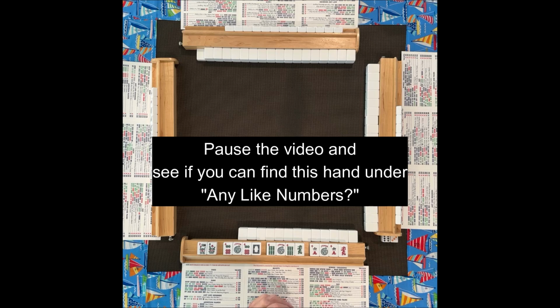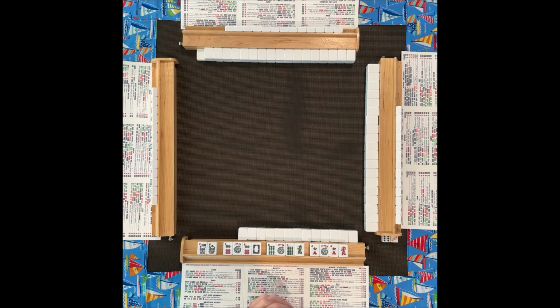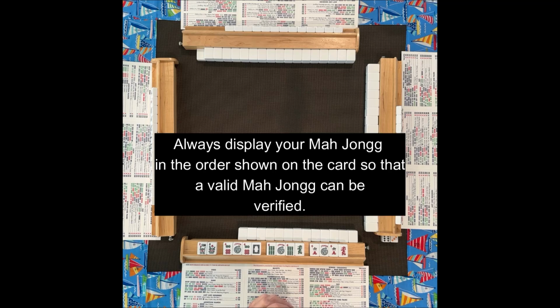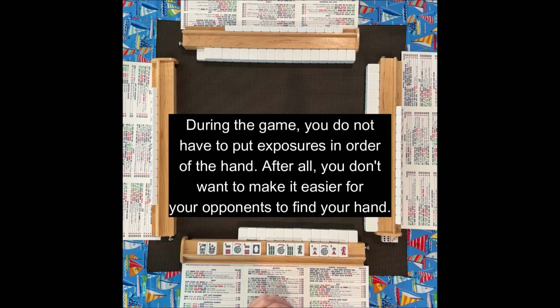The first thing is that I have put the Mah Jongg in order so that it matches the card. And after you do make Mah Jongg, it is the proper thing to do so that everybody can verify that you have a correct Mah Jongg. When you're playing during the game and you make exposures, it is not required to put those exposures in order, because during the game you don't want to give clues to what you're playing.